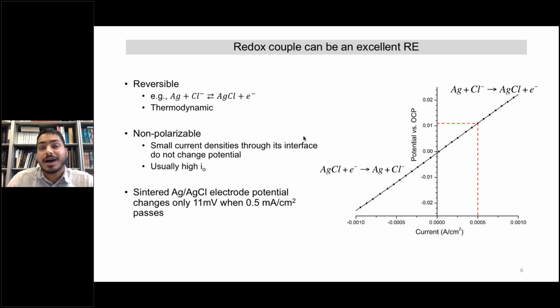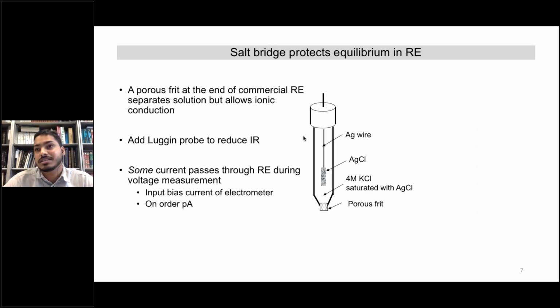All right, but now that you need a redox couple, you need to have an isolated system. It means most of our commercial reference electrodes look like a glass tube with a porous frit at the end, which allows ionic conduction but does not allow mixing of the reference solution and whatever solution you are using for your study.